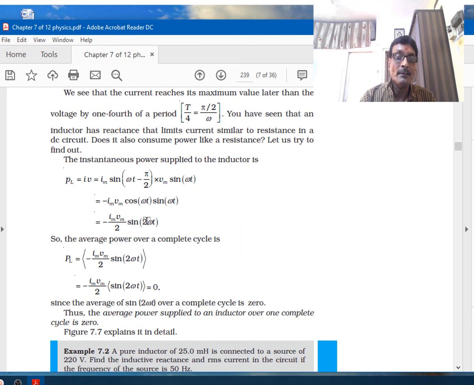Here we are multiplying with 2 and dividing by 2, so there is no difference in this equation and also in this equation.